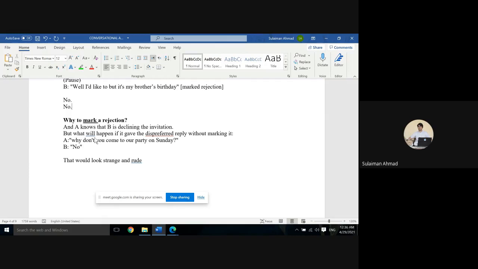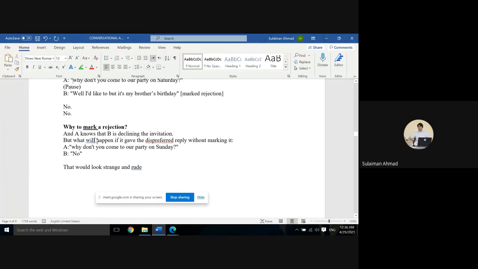So it will sound strange, it will sound very odd, very rude when we leave a dispreferred response unmarked. When we come up with an unmarked rejection, that is what sounds very odd, very strange, or we may sound very rude at a time, right?